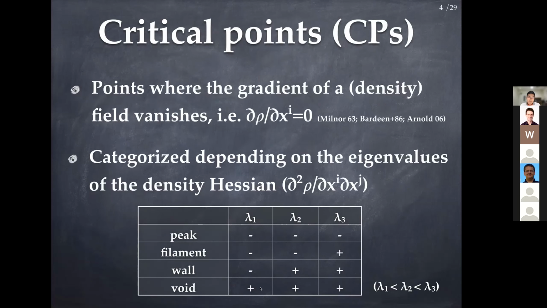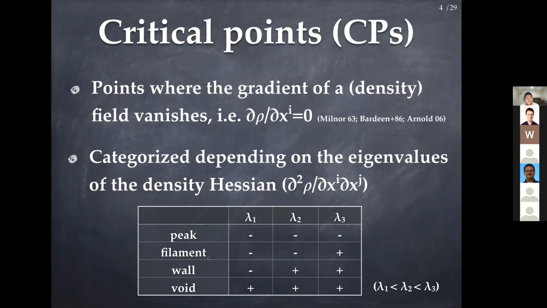For instance, if you think about a peak point in the density field, its eigenvalues are all negative, meaning that in all 3 principal directions, the density is decreasing. And the opposite is true for void-type critical points, where you have increasing density in all three principal directions.